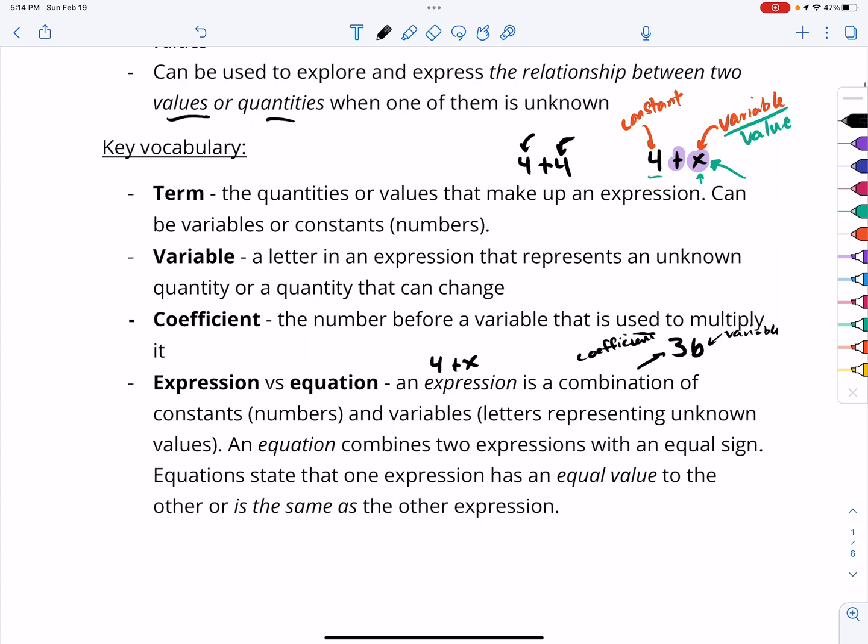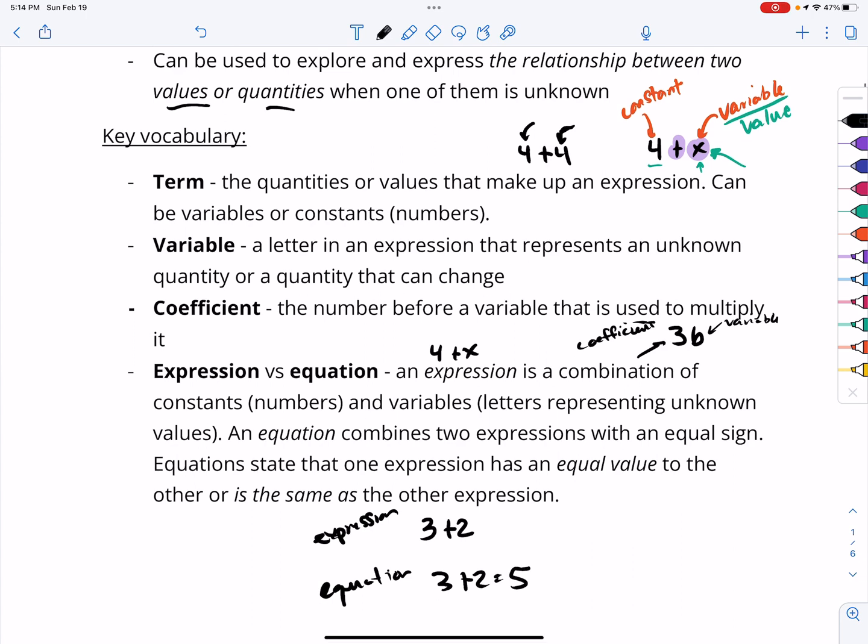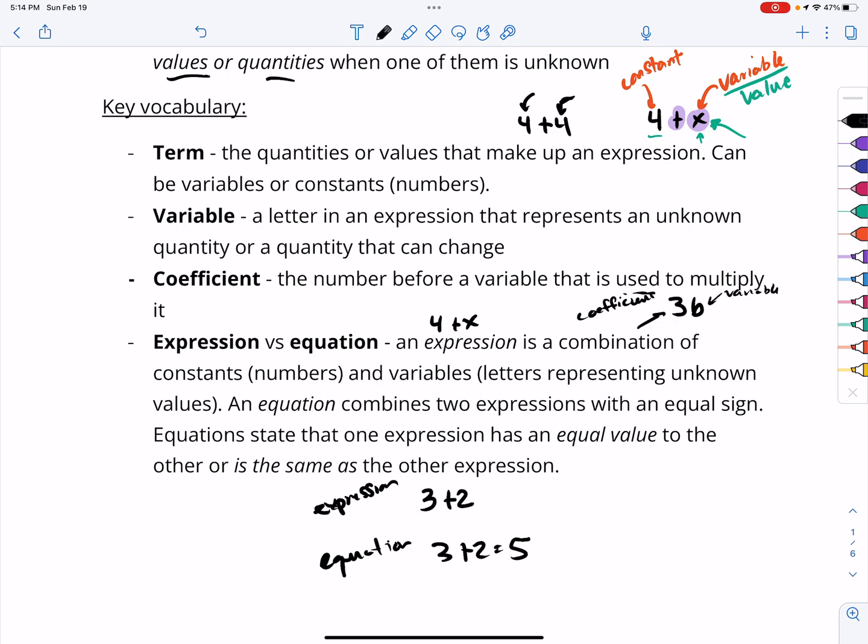So we've seen this not with variables where we would say like 3 plus 2, that's an expression. But for it to be an equation, you would need an equal sign. So 3 plus 2 equals 5. So it's a nuanced difference, but it's important either way that we're using precise language as we talk about all of these different mathematical ideas.